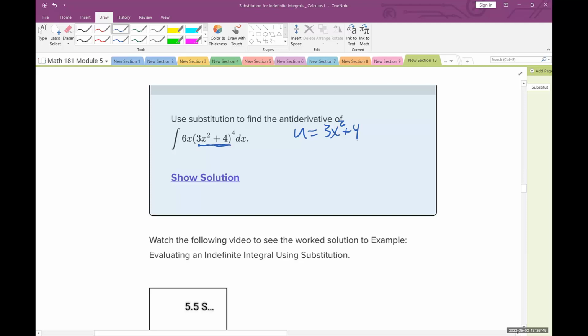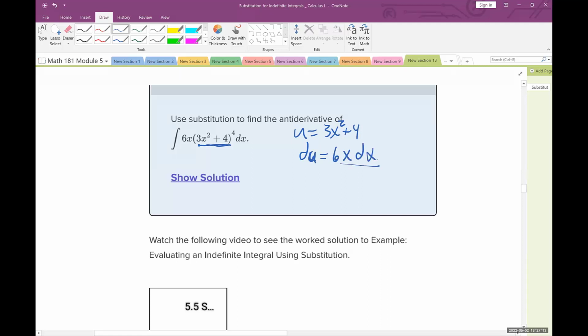And if that's the case, if we take the derivative, then we're going to end up with that chain rule applying. So there's the derivative of what was inside. What's the derivative of 3x squared plus 4? We call that du. What is du going to be? 6x dx. And we finish off with a dx.